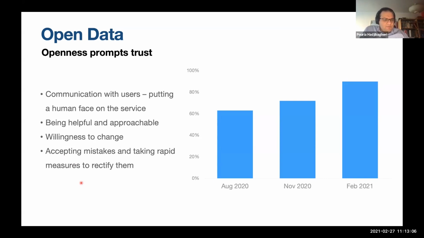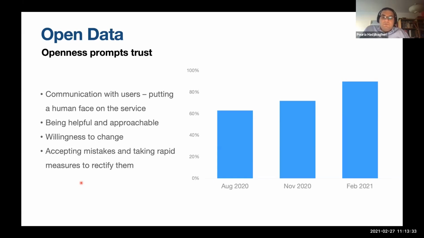It's also associated with us communicating with people directly. We try to be approachable. We try to be nice to them. We try to address their concerns and answer their questions, put a face essentially to an otherwise faceless service. And we're willing to change things.